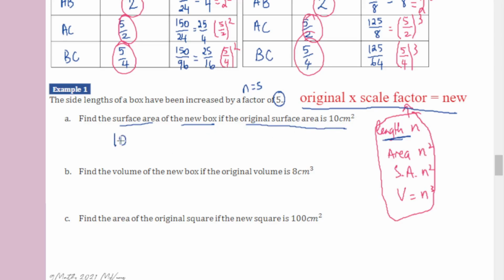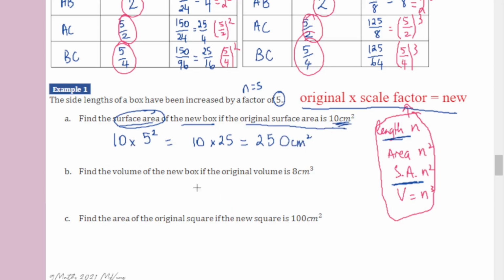So we have the original times, what is the scale factor for surface area? The scale factor for surface area is n squared. And we have n as 5, so 5 squared. It gives us the new surface area. So 10 times 5 squared. 5 squared is 25. It's simply 250 centimeters squared. Units over here.